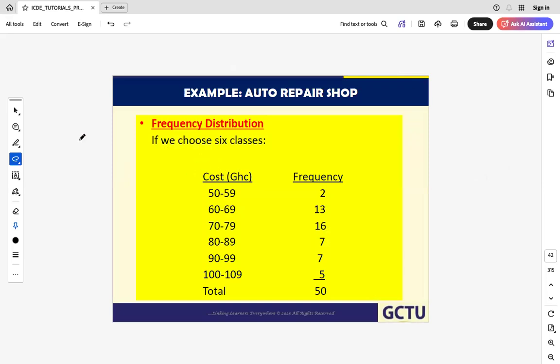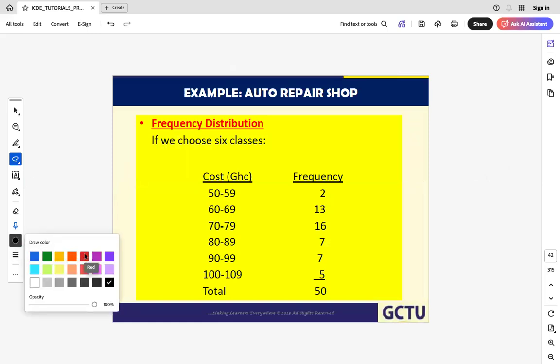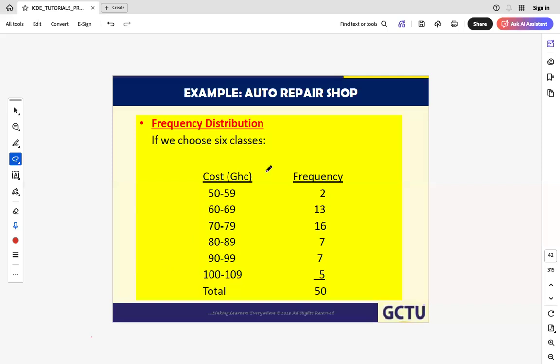So you were also taught that to make the process neater, you do a 3-column table where the first column represents class intervals, CI.